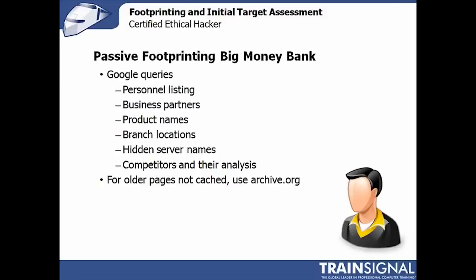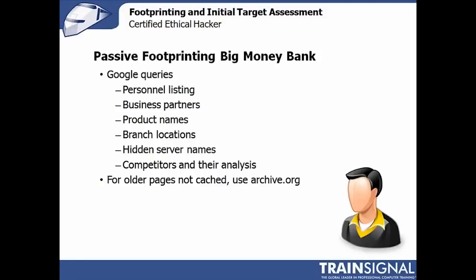One bit of note here, this hidden server names bullet is worth mentioning. Hidden server names means that a lot of times if you're searching for Big Money Bank's URL or bigmoneybank.com in search strings, you may find web server names or intermediate server names or service names that don't appear on their website that you don't normally see.